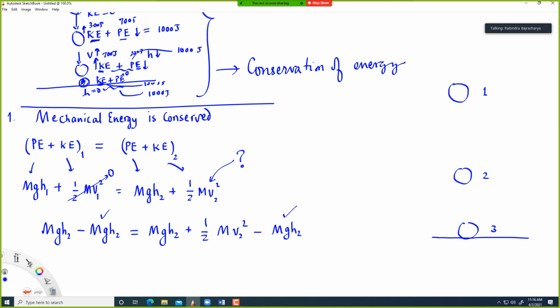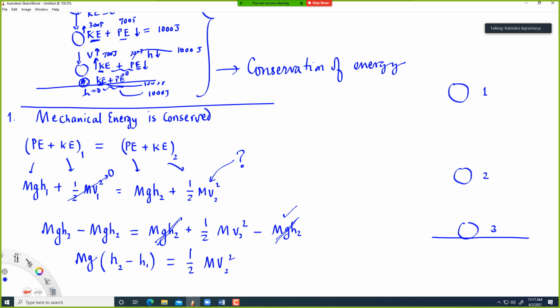So then you can cancel this and this. You have m and g common on both terms. When you have common terms, you can pull them out of the parentheses. So what is left is h2 minus h1. On the right side, I cancel this and that, so we have 1/2 m v2 squared.